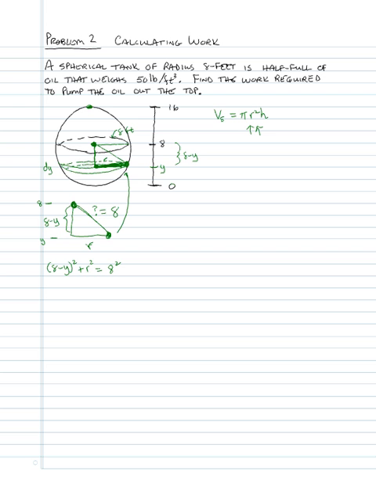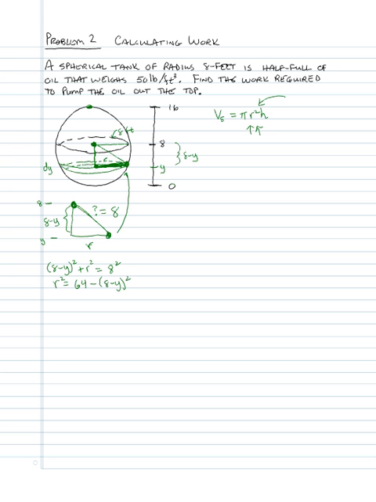So that allows me to solve for r squared. R squared is equal to 64 minus 8 minus y squared. Now, why is that important? Because r squared, way back here at the top, is actually what I'm looking for, isn't it? Now, we can simplify this a little bit further.